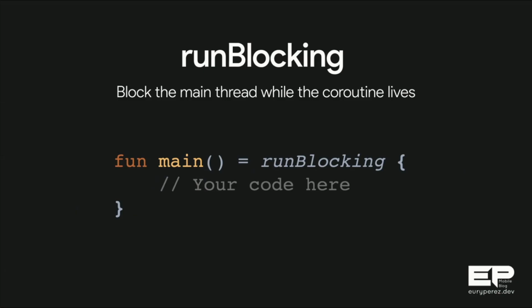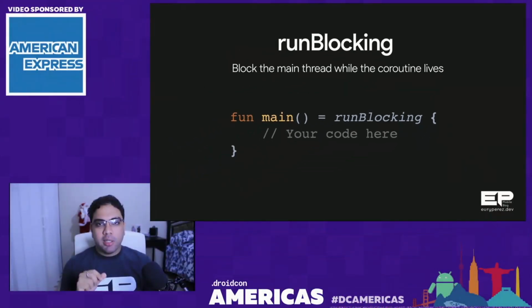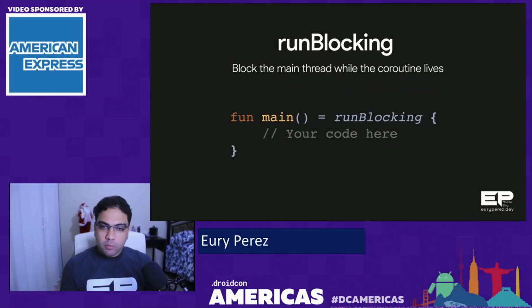So to prevent the program from finishing right away, we use runBlocking. So this is another coroutine builder. And as you see, for this one, we don't need to create a new coroutine scope or get a new coroutine scope from anywhere. We just use runBlocking and that's it.